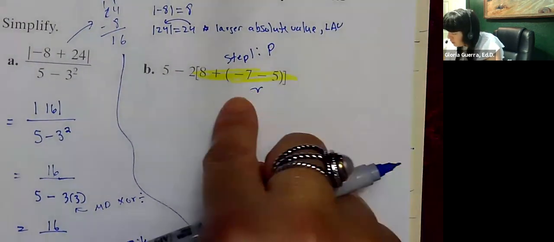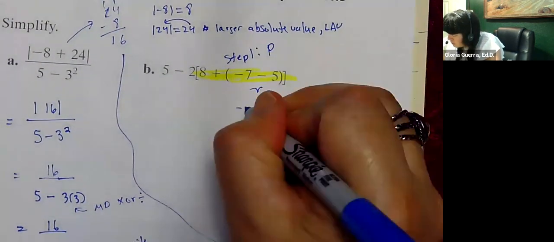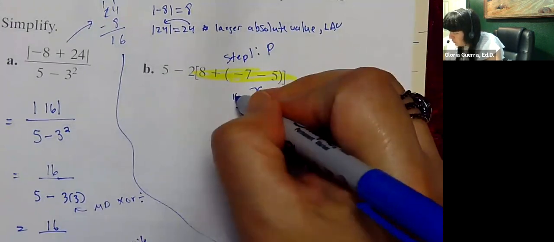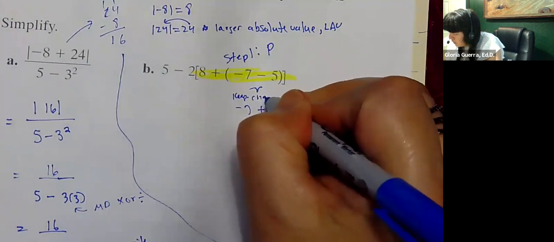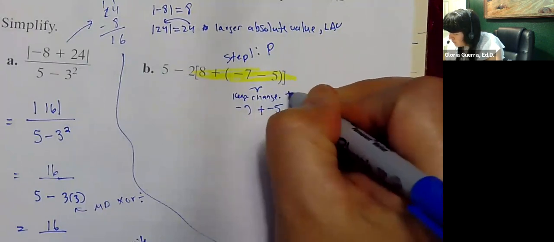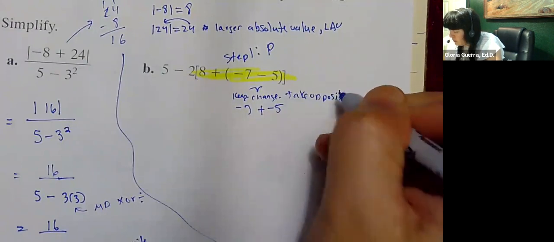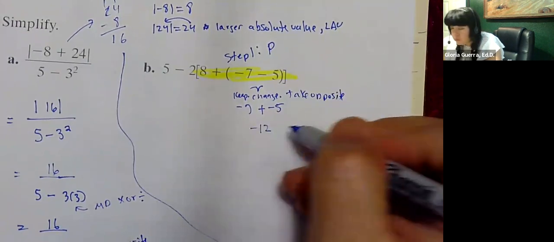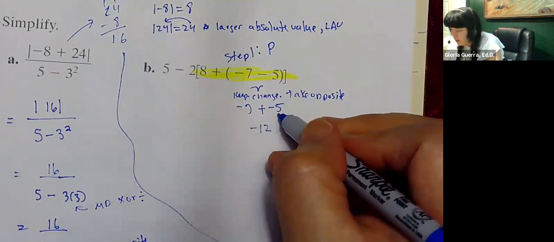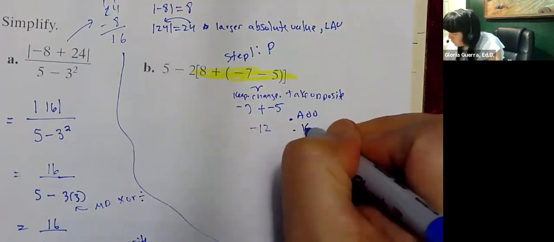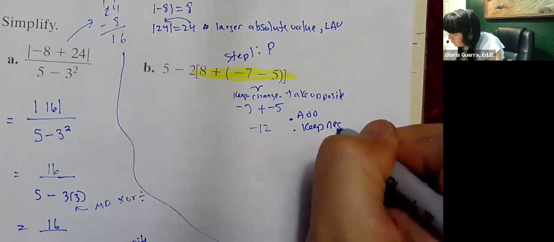But then you start innermost. So this is negative 7 plus negative 5. You keep, change, and take the opposite. So now that's a negative 12, right? You owe somebody 7, you owe somebody 5, now you owe a total of 12. So you're just adding and you're keeping the negative.